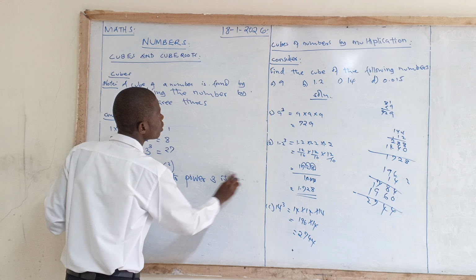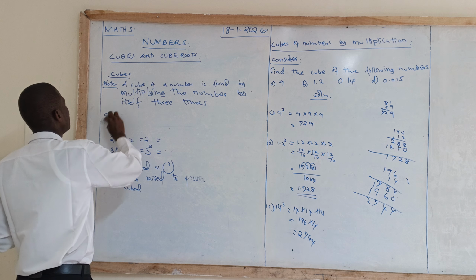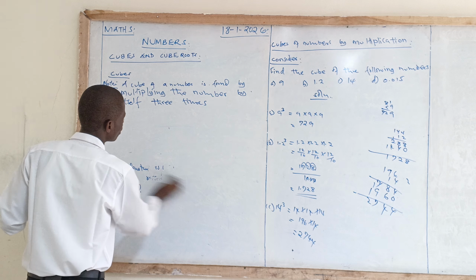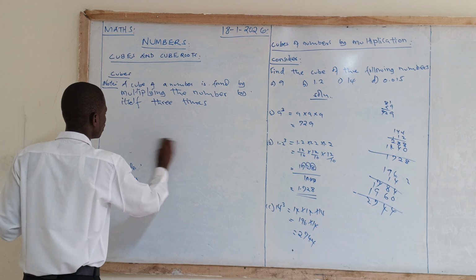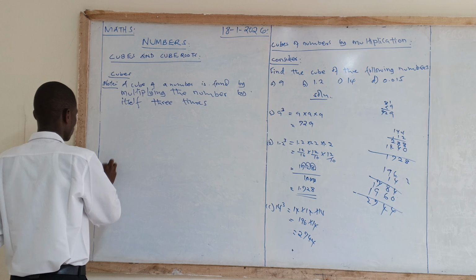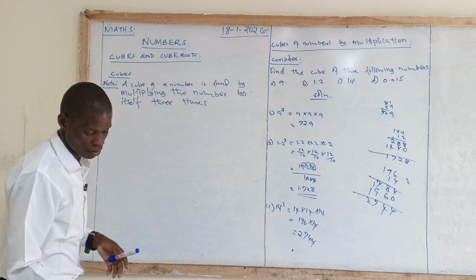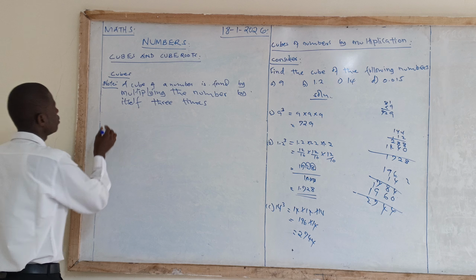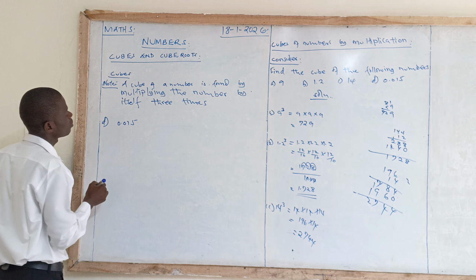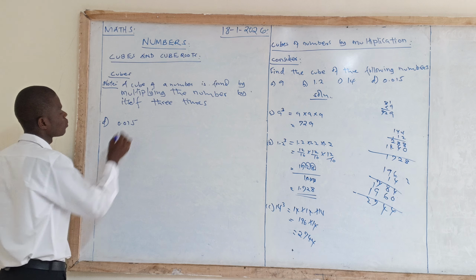So the next, that is our number D. Number D, what do you have? So 0.015 cubed.